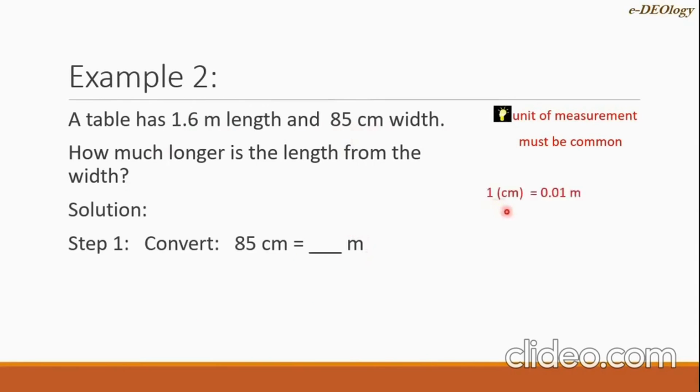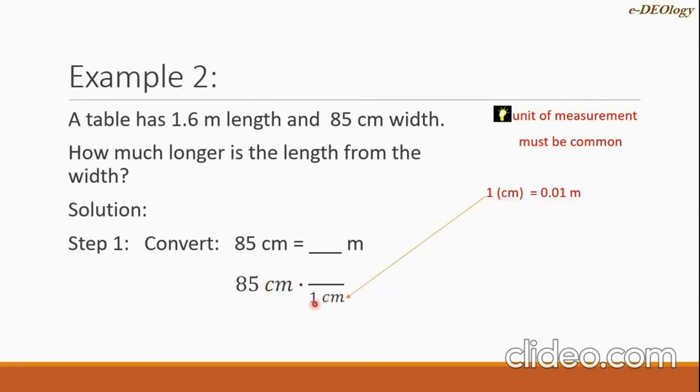We know that 1 centimeter equals 0.01 meter. So we're going to multiply this 85 centimeters by a fraction that is equal to 1. Since I have here centimeter, with this equation here, I can choose either 1 centimeter or the 0.01 meter down here. But I should be wise to choose the 1 centimeter for the reason that I need to cancel the centimeter unit.